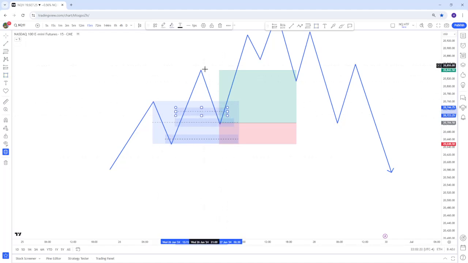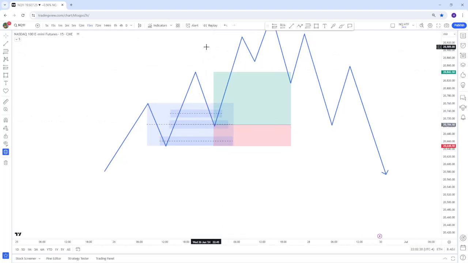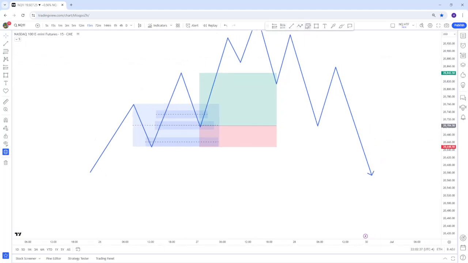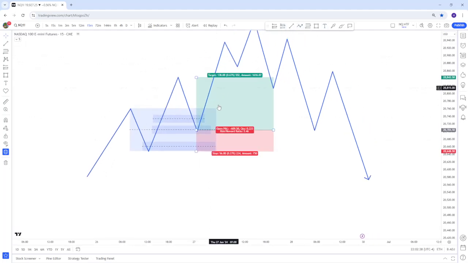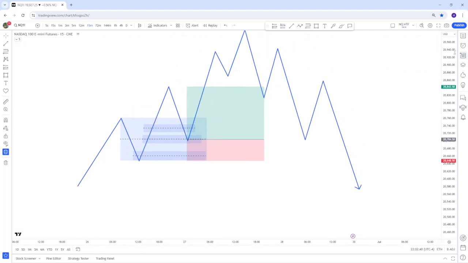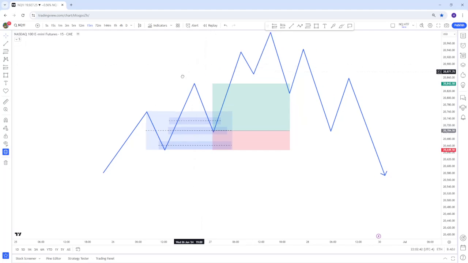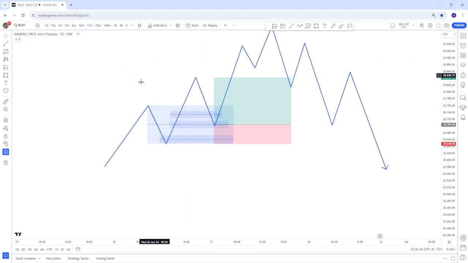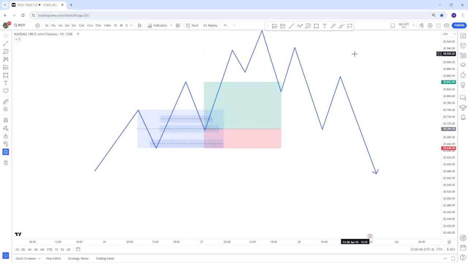So when price comes down, you're looking for a reaction that takes you further as a continuation of market structure, right? So market structure is quite important in determining directional bias, and looking for entries on how to get involved, right?